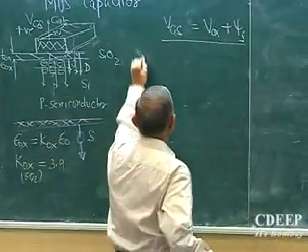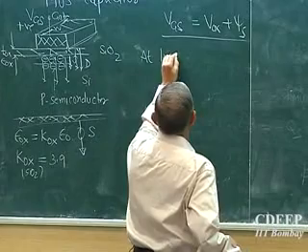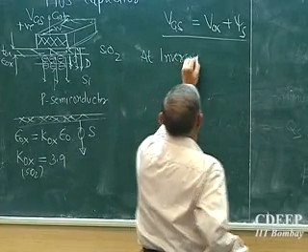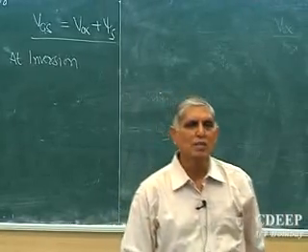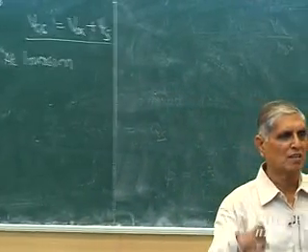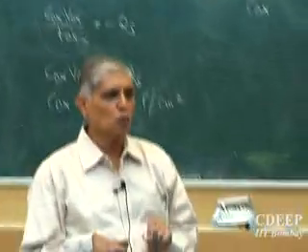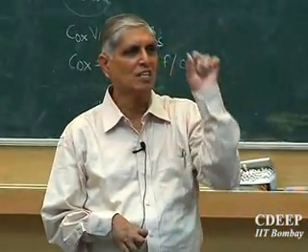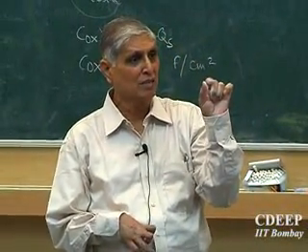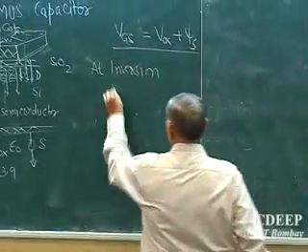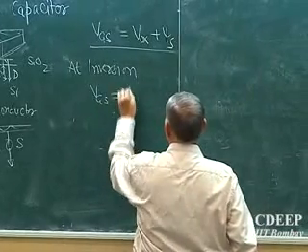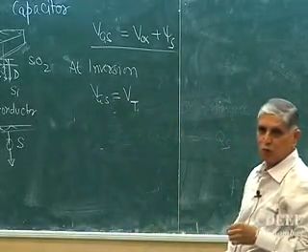At inversion, what is the value of VGS? What should be the name I should give? What is the name I was giving? Threshold voltage. So VGS is the threshold voltage when the inversion sets in. So at inversion, VGS is defined as VT, T capital, okay.